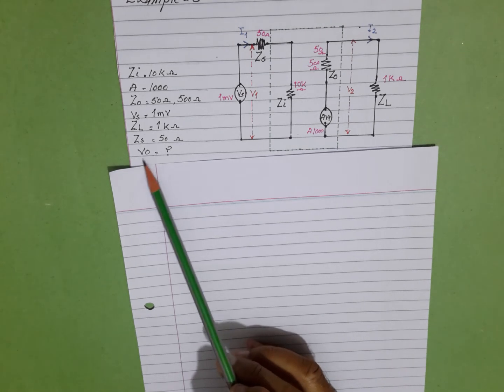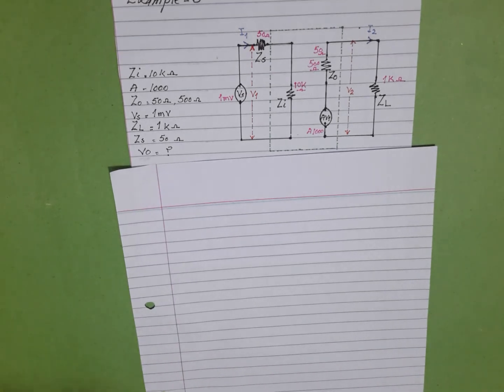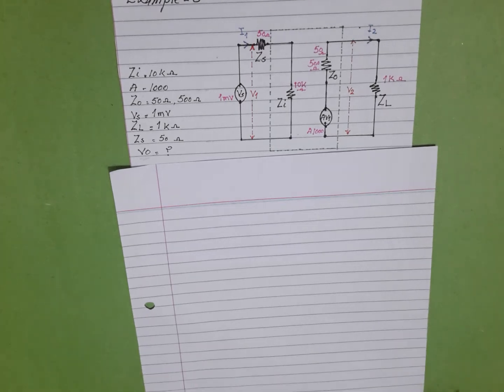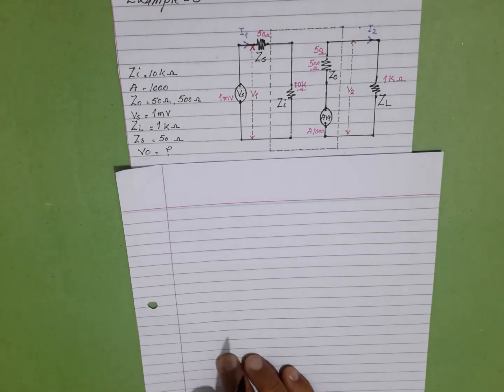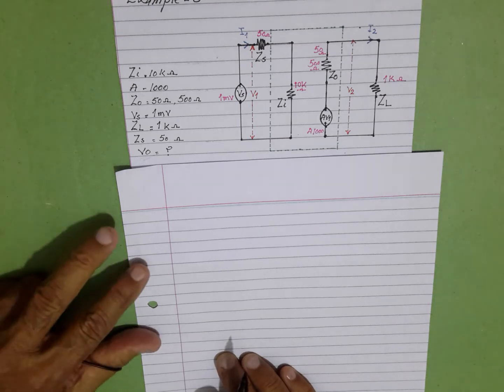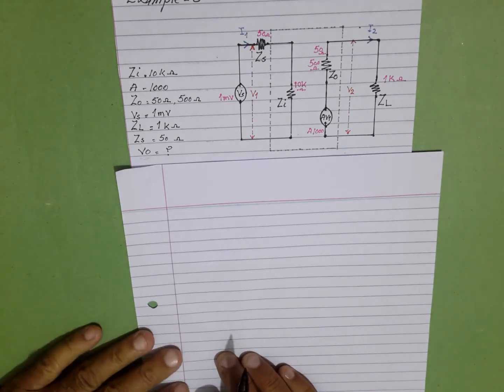We have to find V naught when the output impedance ZO is 50, and then find the output when it is increased 10 times to 500. The effect of increase in ZO on the output voltage.